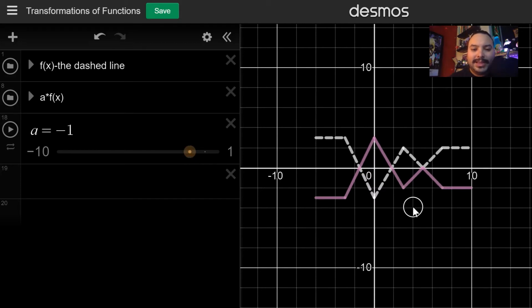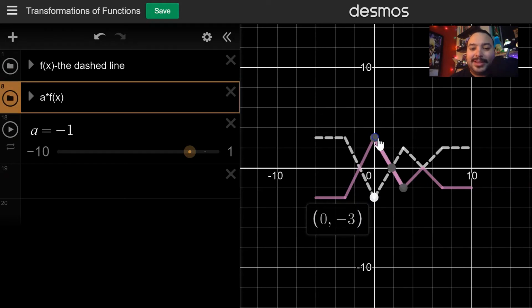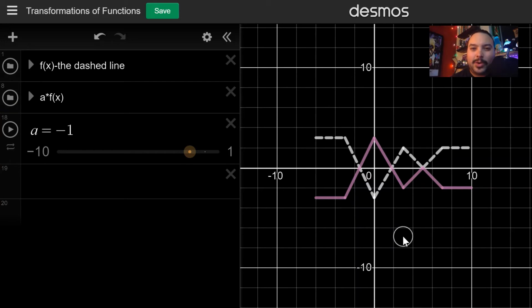And when a is equal to -1, if you just see a negative in front of f of x, then really all you are looking at is just a simple, perfect reflection of your function. You could see that the y values completely change signs. So if this was a value here at 0 and -3, this one now has it at 0 and +3. So that's how the vertical reflection works.